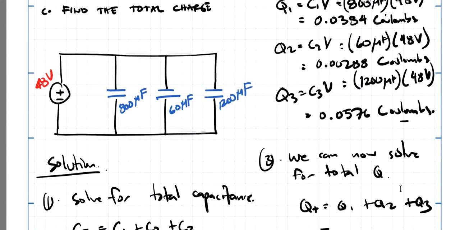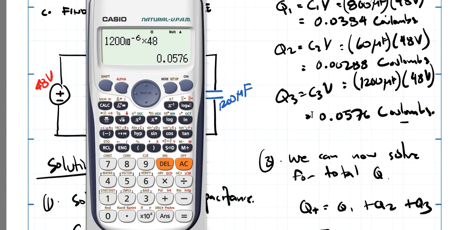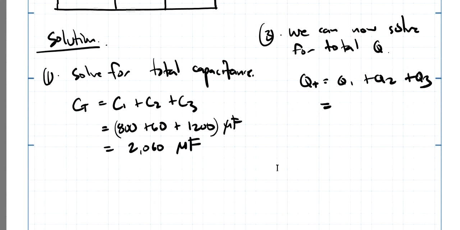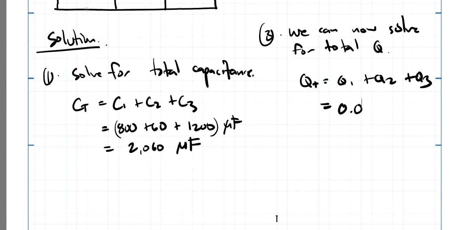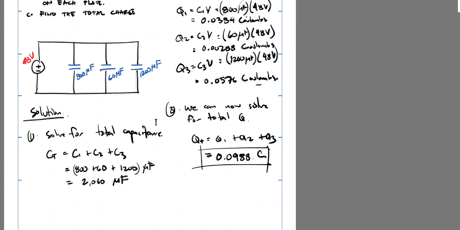So this is 0.0384 plus 0.00288 plus 0.0576, and this is 0.0988. Right, so that's the answer.